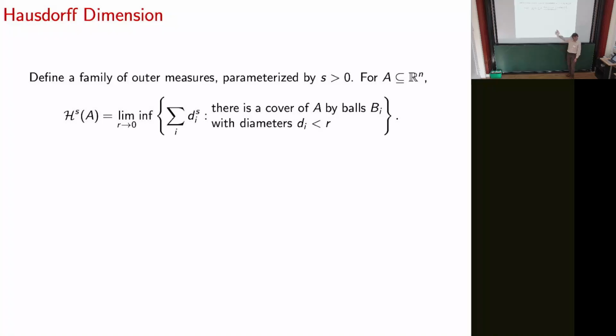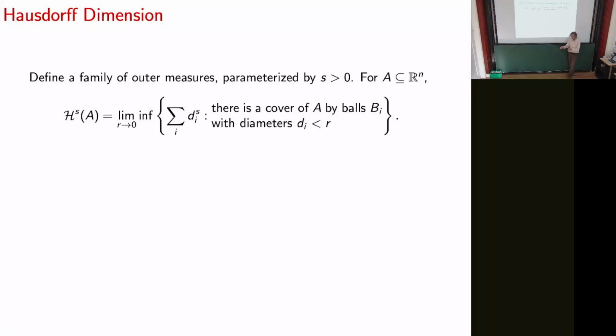But now we don't want to count an interval by its length, but by something bigger than its length. That way, it's easier for a set to have positive measure. If we're putting a much higher cost on using a ball than just its diameter, like these exponents are less than 1, say, then the square root of the diameter is going to be bigger than the diameter.